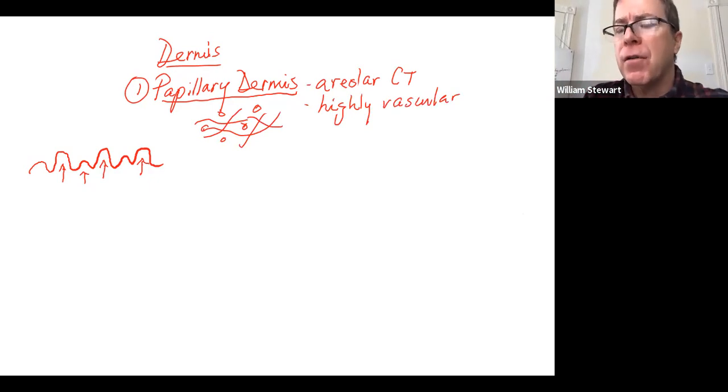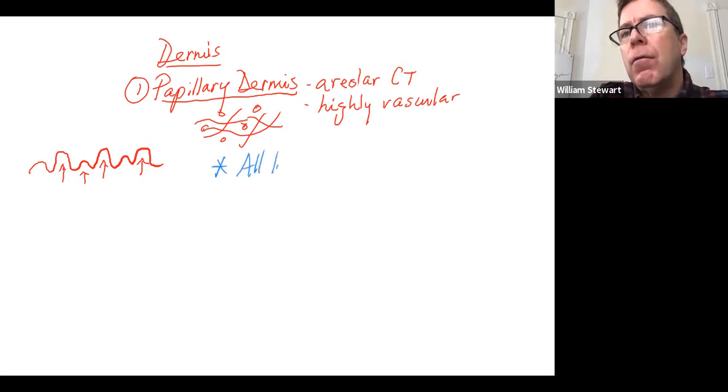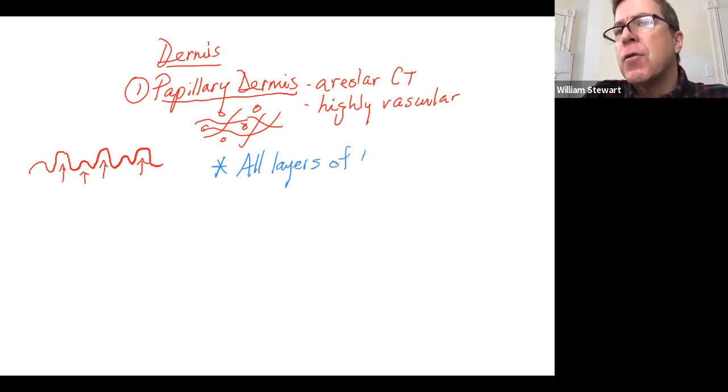Before I go any further, I need to say this. All layers of the epidermis, those 5 layers that we just studied, are completely avascular. That means there's no direct blood supply to any of the 5 layers.